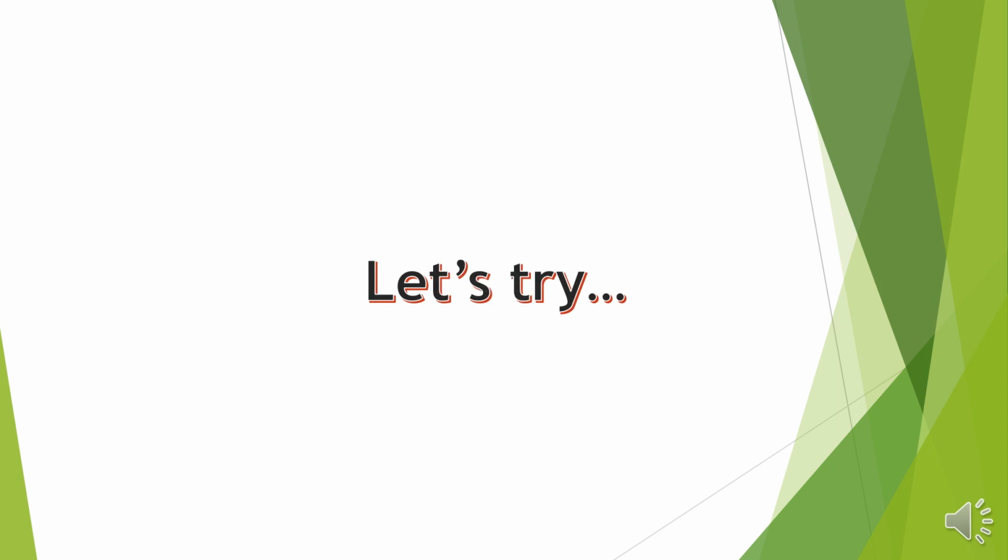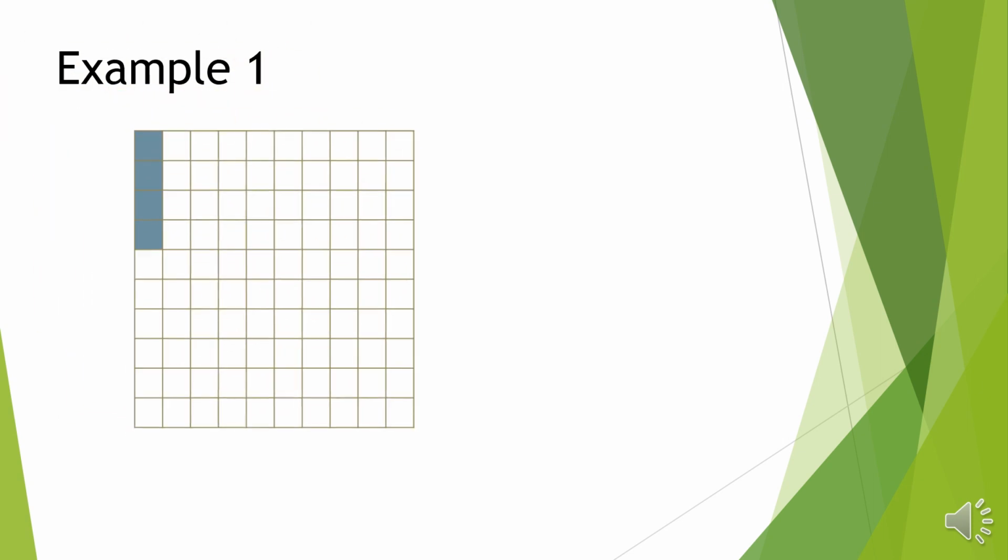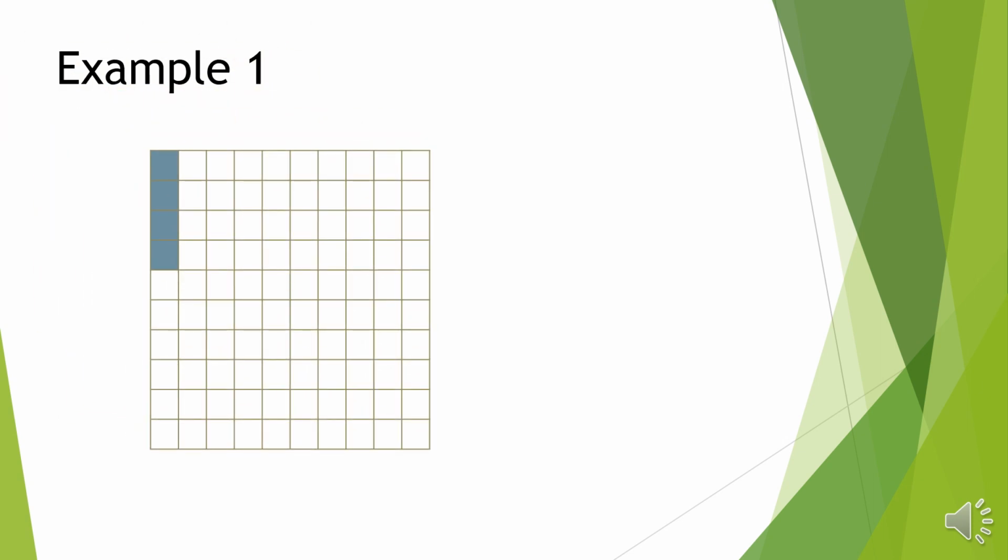So now, let's try. So let's have example number 1. So this is the 100 boxes or a square which is divided into 100 equal parts, and 4 boxes were shaded.